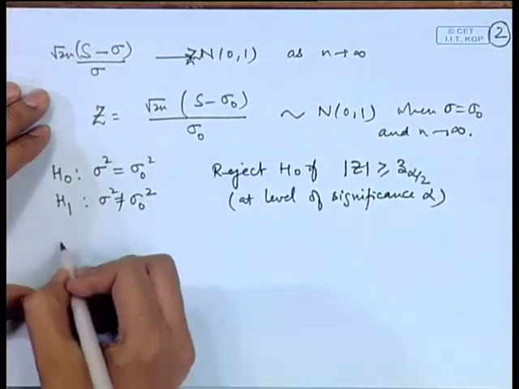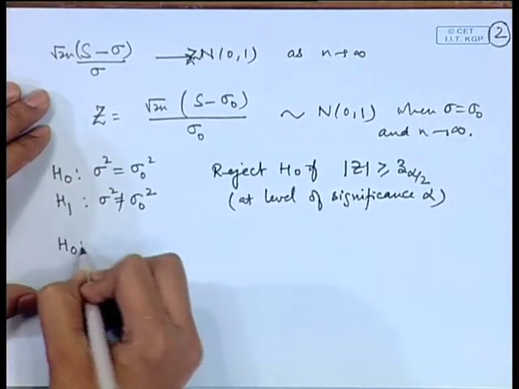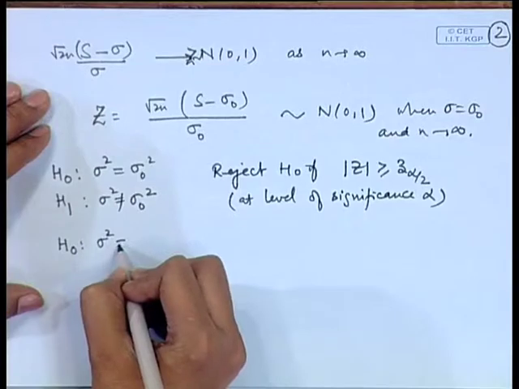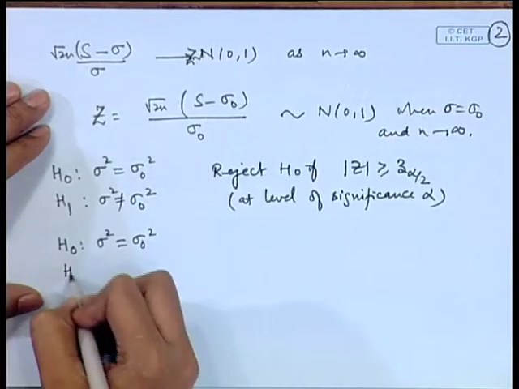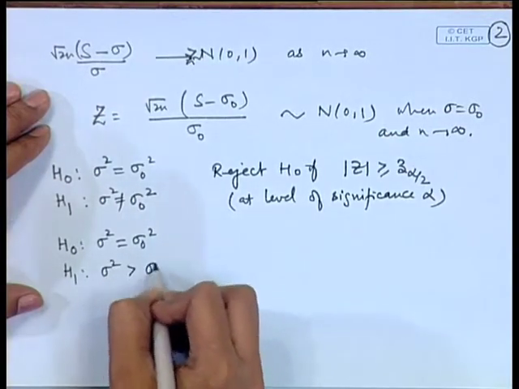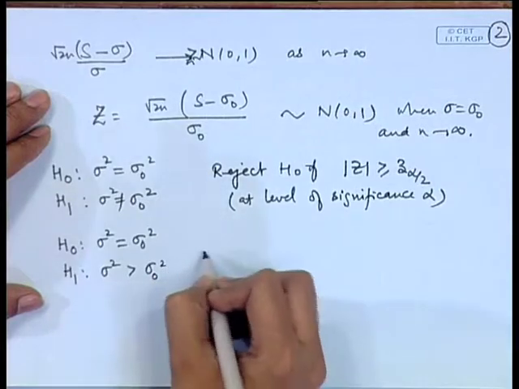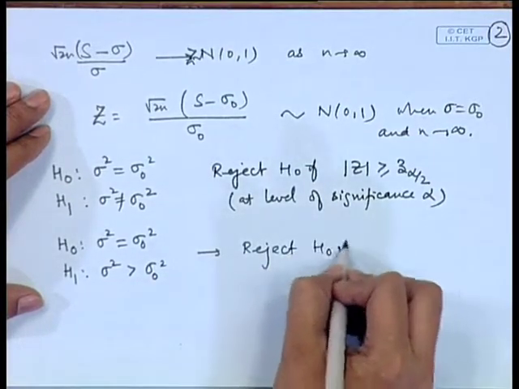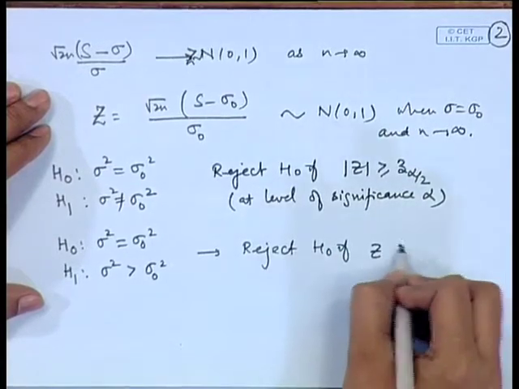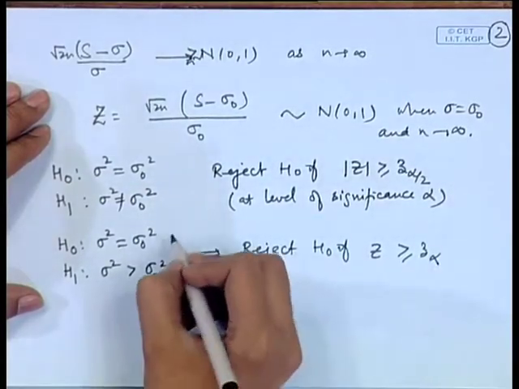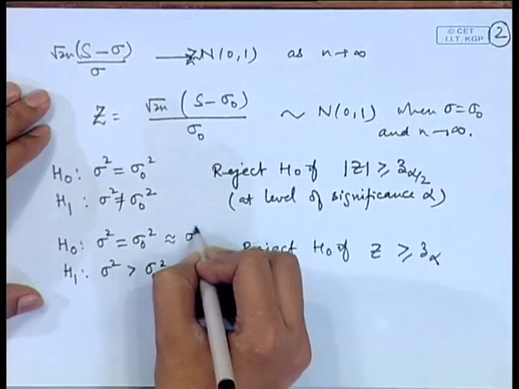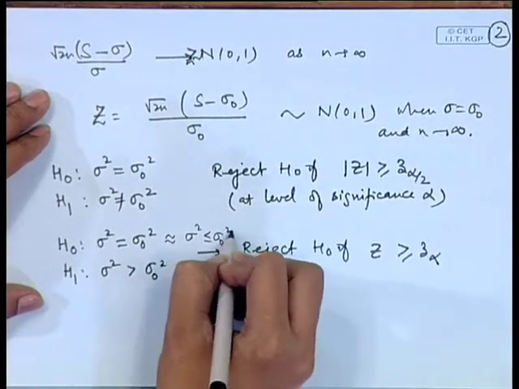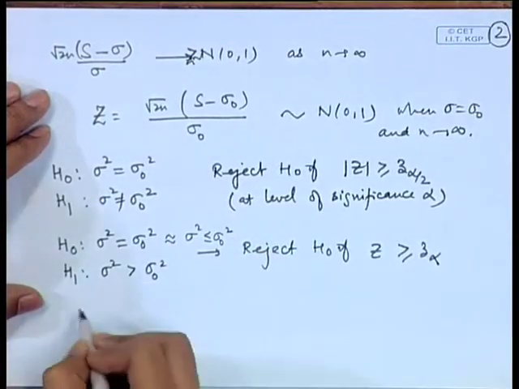Similarly, we can write a one sided test. For example, if I have H naught sigma square is equal to sigma naught square against say sigma square is greater than sigma naught square, then we will reject H naught if z is greater than or equal to z alpha. Of course, this hypothesis is equivalent to writing sigma square is less than or equal to sigma naught square.